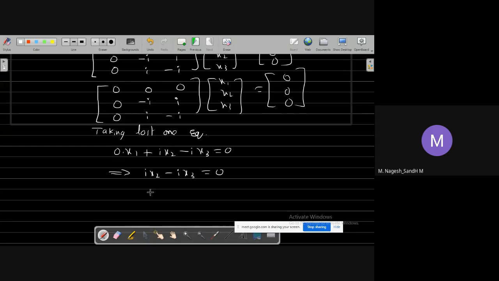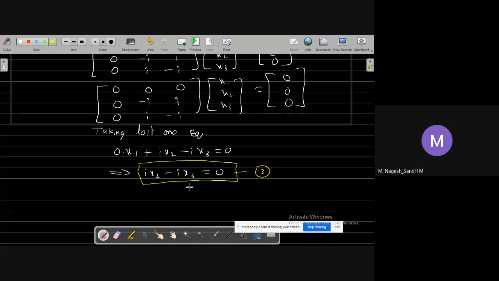So now, how many equations are here? One equation. How many unknowns? Three unknowns. Listen carefully: one equation, but three unknowns. The 0 into x1 term is 0, but originally there are 3 unknowns.